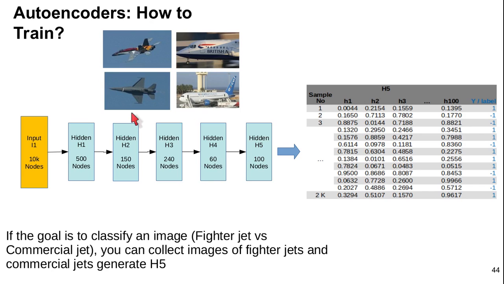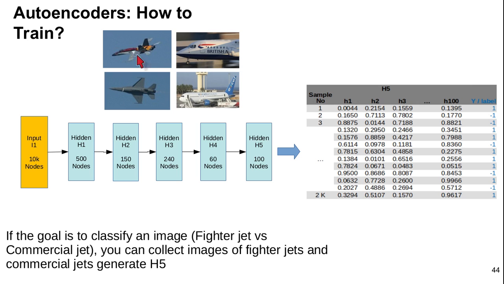Let us say our task is to classify images as fighter jets versus commercial jets. We would collect a data set of such images, pass each of the sample images through this layer, and generate a set of feature vectors. So for instance, let's say we collected 2000 images.